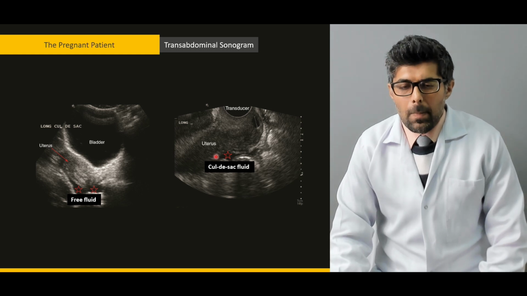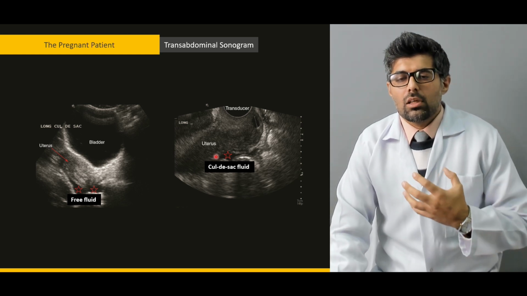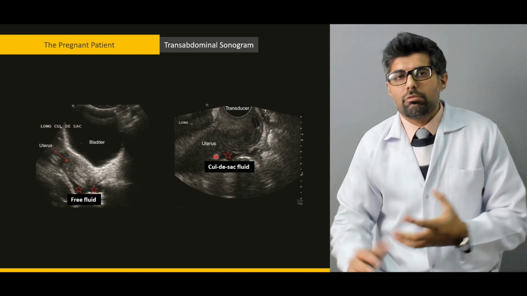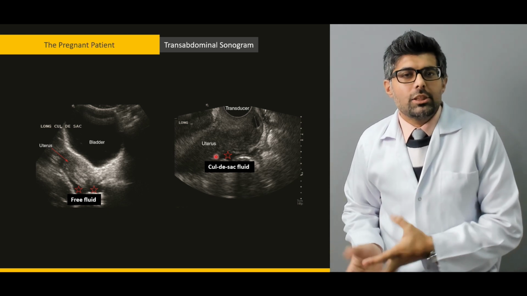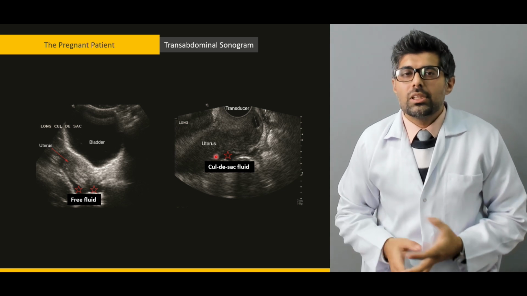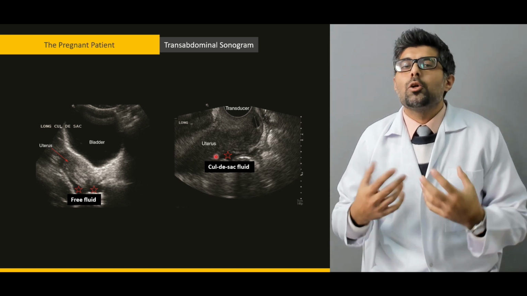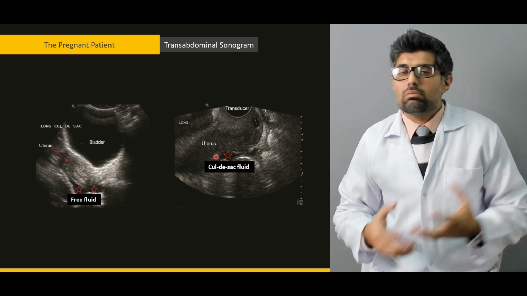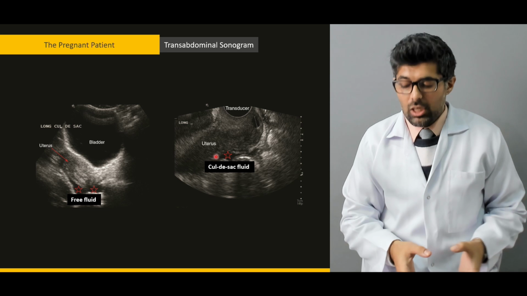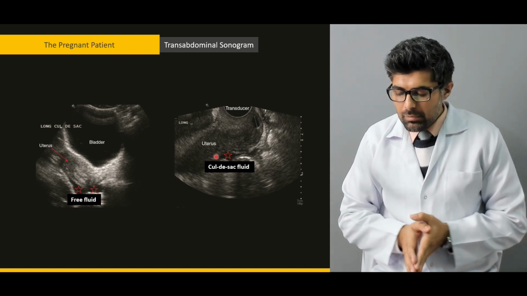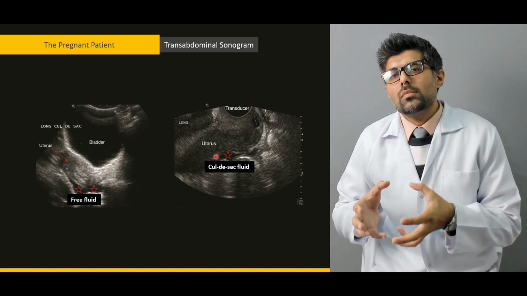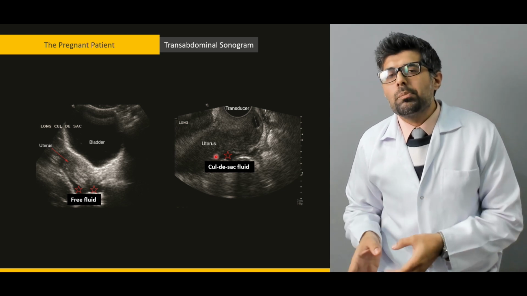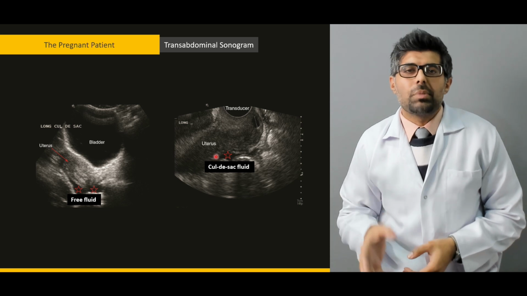Another thing that is very common in pregnant patients, apart from ectopic pregnancy or normal fluid levels, is, like I said, acute appendicitis, which can be diagnosed by performing both of the ultrasounds. Another thing that should be taken into consideration with the pregnant patient is the rupture of the placenta.